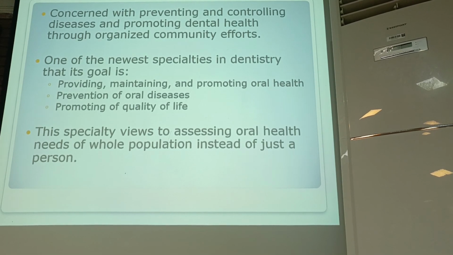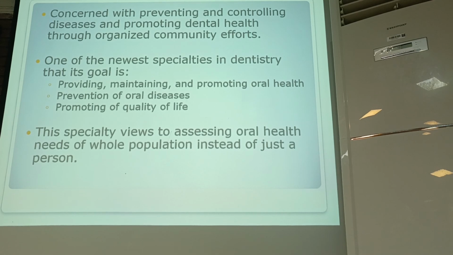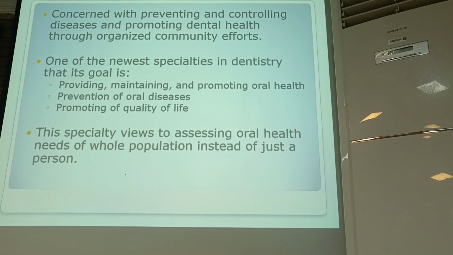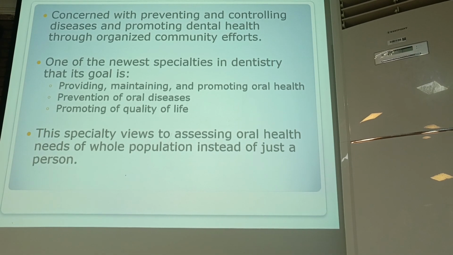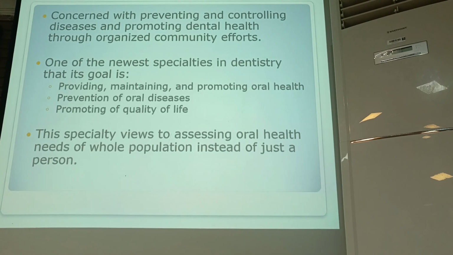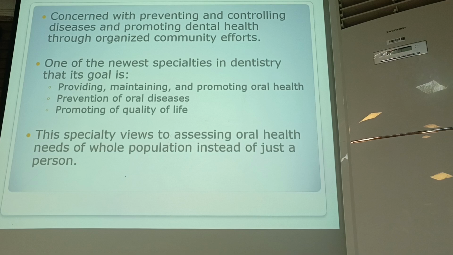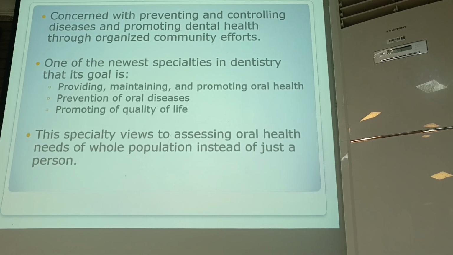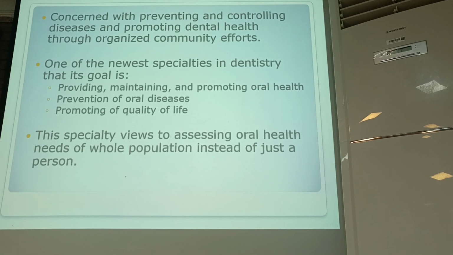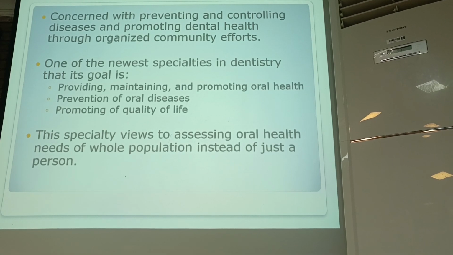For example, we have some special programs inside a school, or for old persons in some special locations. Or maybe we have some special programs for pregnant women. So we target a special community instead of just a patient.